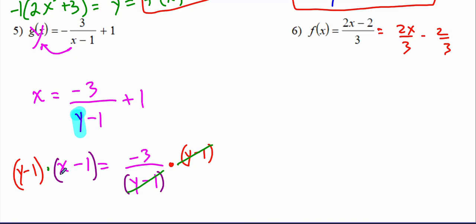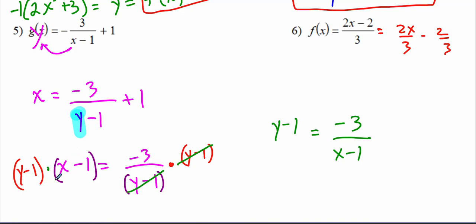How do I get rid of this x minus 1? We'll literally divide both sides by this x minus 1 as a parenthesis. And this is going to become, and I'm going to show my work, y minus 1. You can put parentheses if you wish, but this cancels, equals -3 divided by x minus 1.